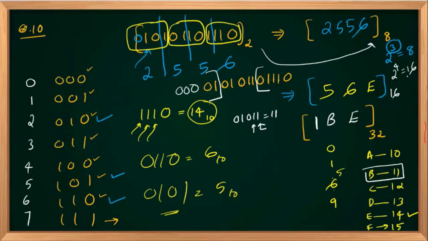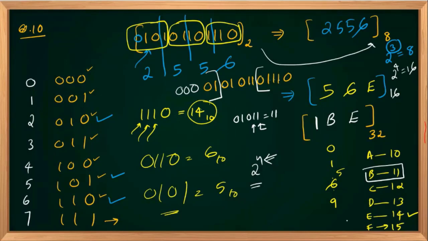Okay, is that clear? So that is valid if two bases are related by 2 power n. Then the number of digits that we are going to group is equal to this n. So 56E base 16 is correct. 1BE base 32 is also correct. Base 32 will have 32 symbols.